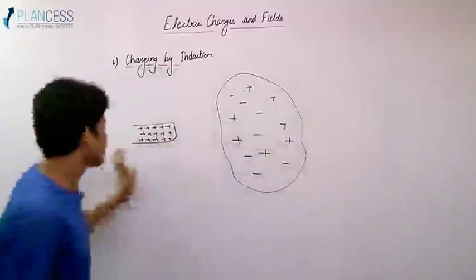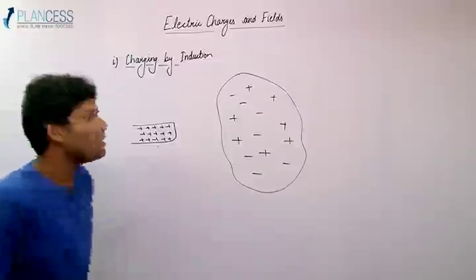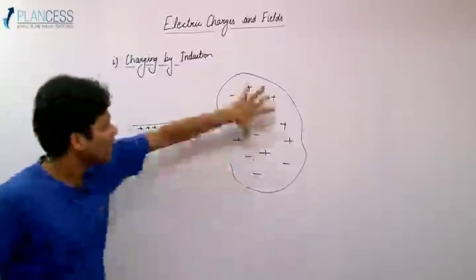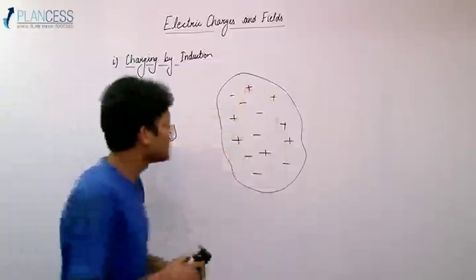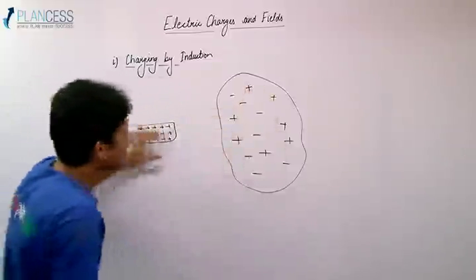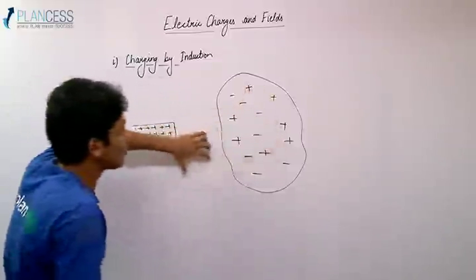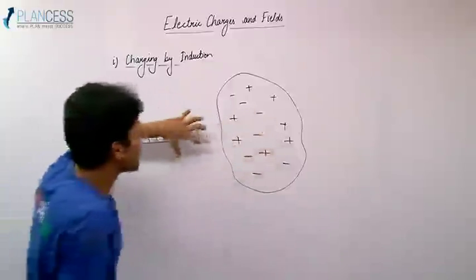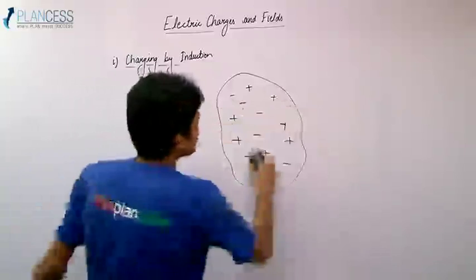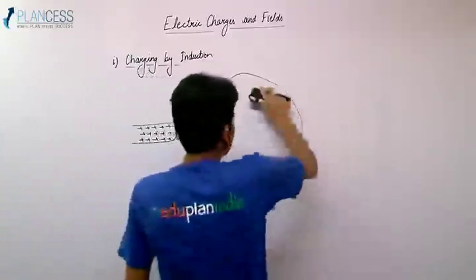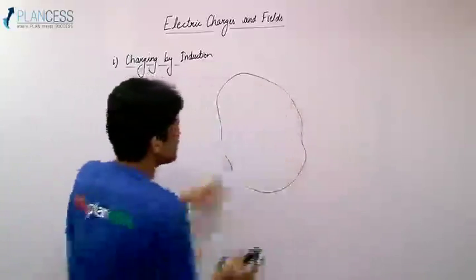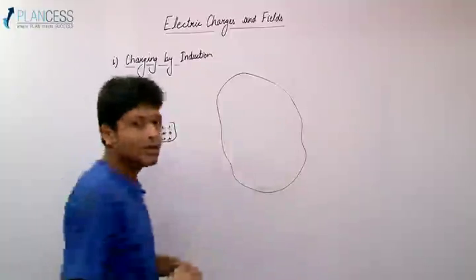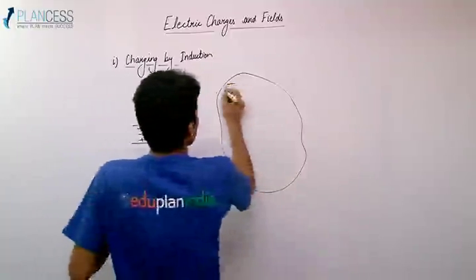Now, when a positively charged conductor is brought near to this matter, we know that this positive charge will attract the negative charges towards it, and this positive charge will repel the positive charges against it. So these positive and negative charges inside this body will align themselves something like this.